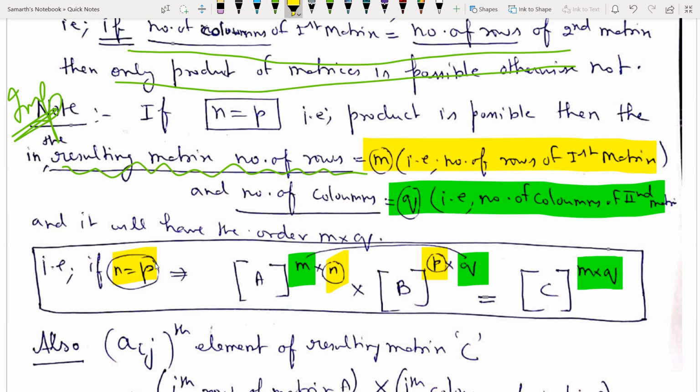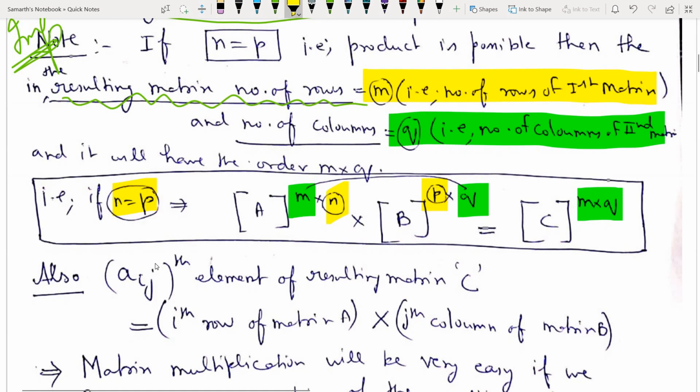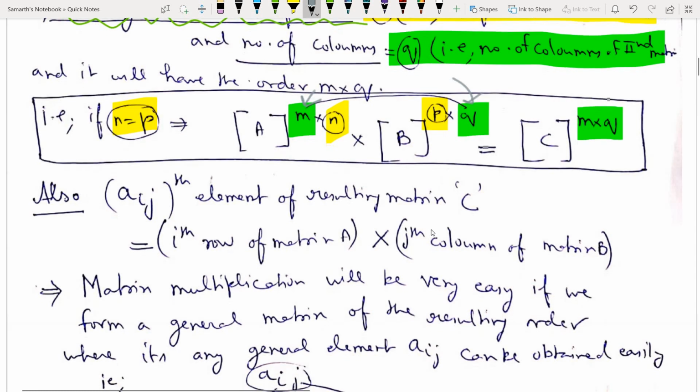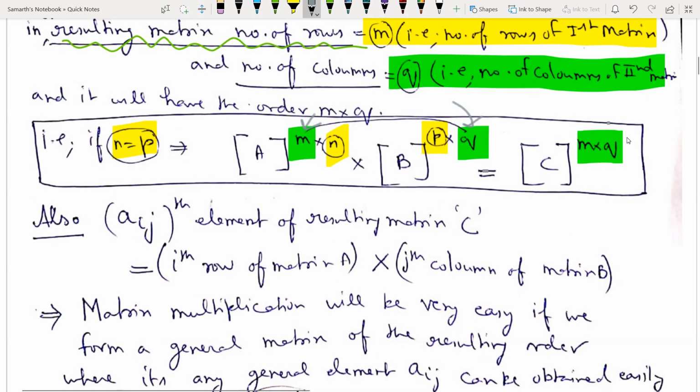I have written the resulting matrix as C, and C is of order m by q, meaning it will have the same number of rows as the first matrix and the same number of columns as the second matrix. Okay, so I hope you have understood m by q. What is m by q? It is the order having the number of rows of the first matrix and the number of columns of the second matrix.